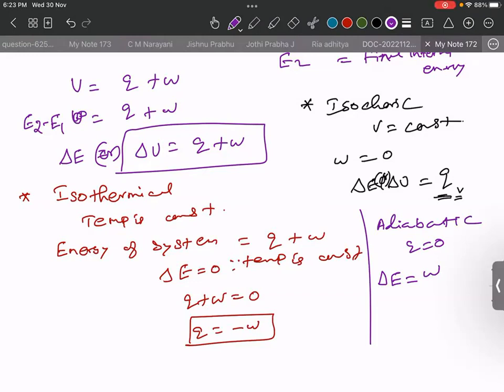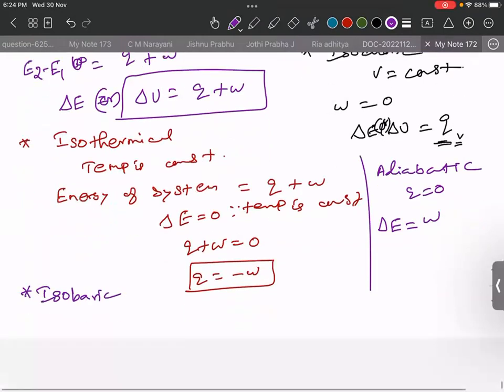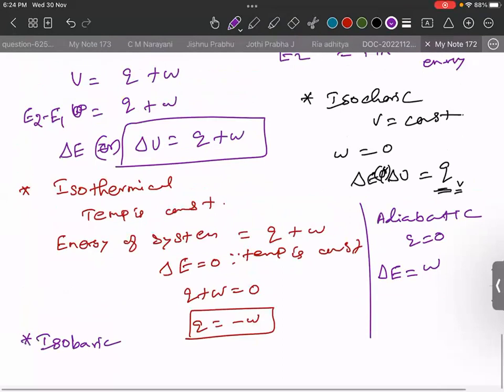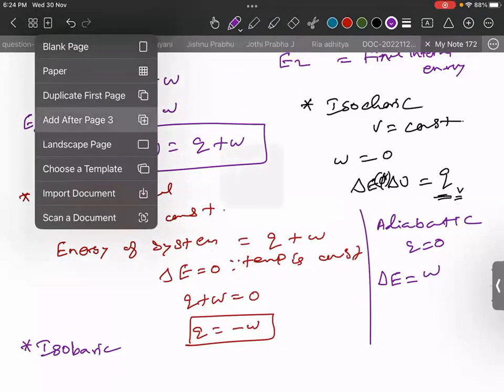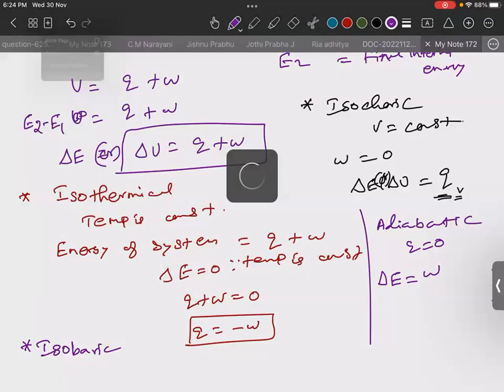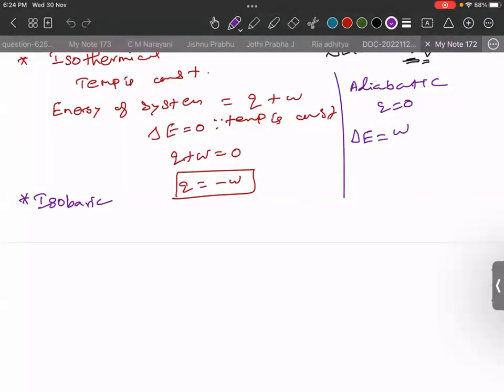So now isobaric. We have one more, no? Isobaric means constant pressure, right? So here what we are saying is pressure is constant.